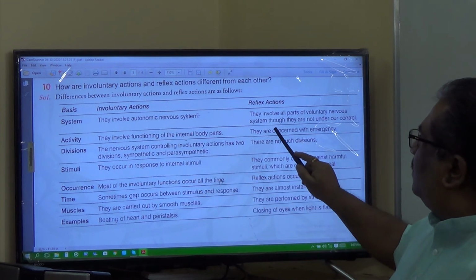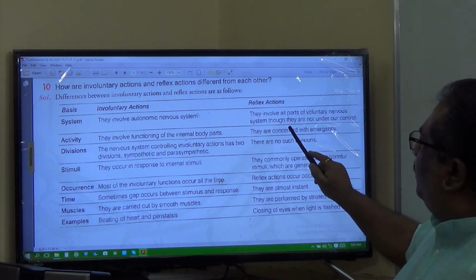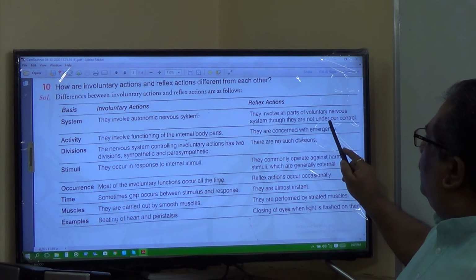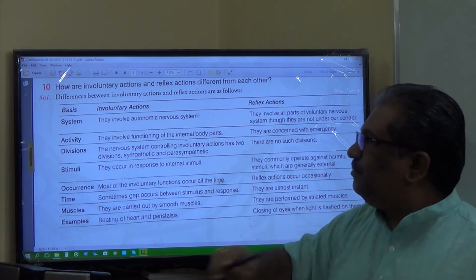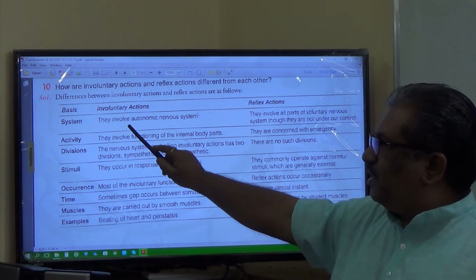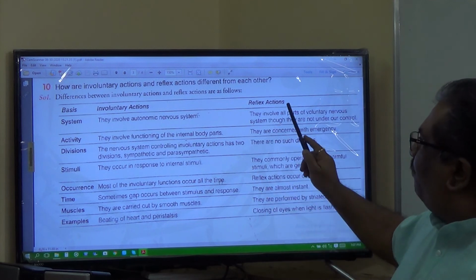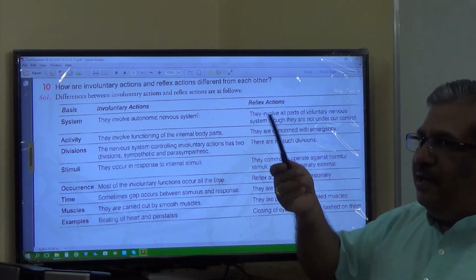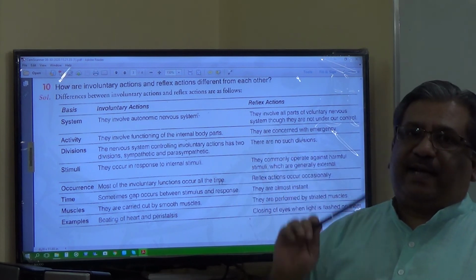Whereas voluntary actions involve parts of the somatic nervous system. Reflex actions are not under our control. Involuntary actions are controlled by the autonomic nervous system. You got it? And in reflex actions, the somatic nervous system is involved, but it is an unconscious activity.